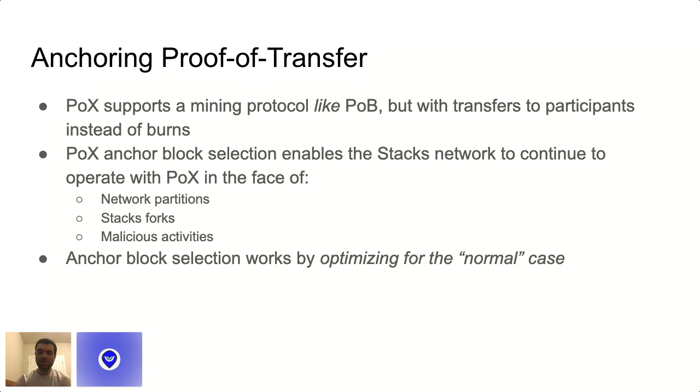Okay, and then Pascal has a follow-up. So if a miner does not mine off the PoX anchor, that miner is guaranteed to not get the STX reward? So that's not quite the case. That miner will get a STX reward if the block that they mined eventually becomes part of the dominant fork. Of course, that's really hard to do if an anchor block was chosen, because what it means is that that anchor block is really old, so it's 240 blocks ago, and it's received a super majority of confirmations.